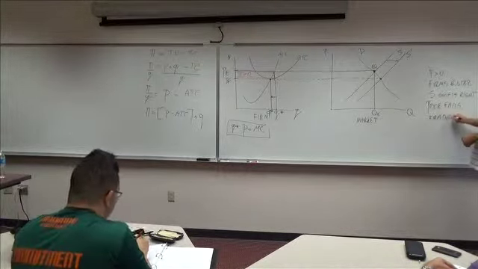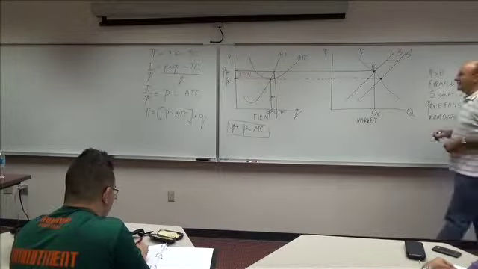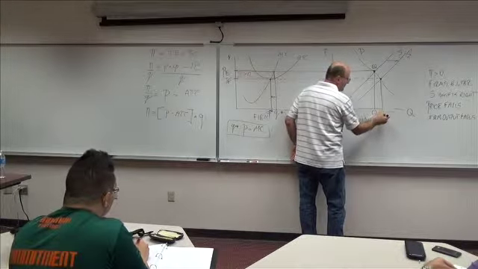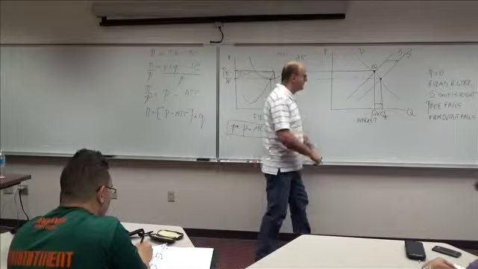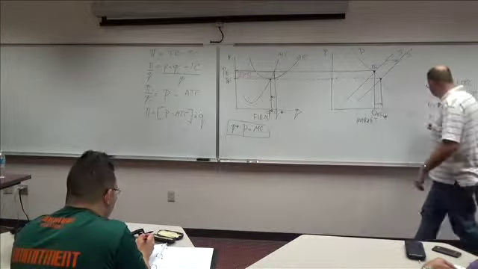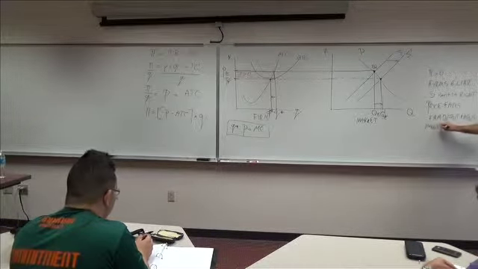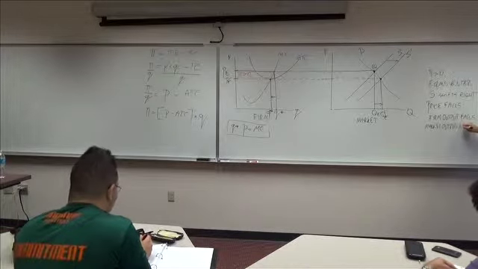Firm output falls. And the market, what does the market do? Produces more. Market output rises.